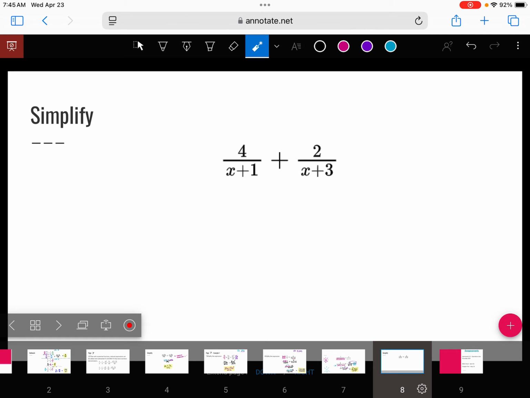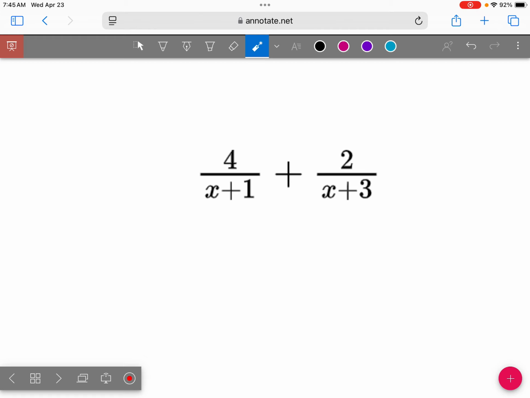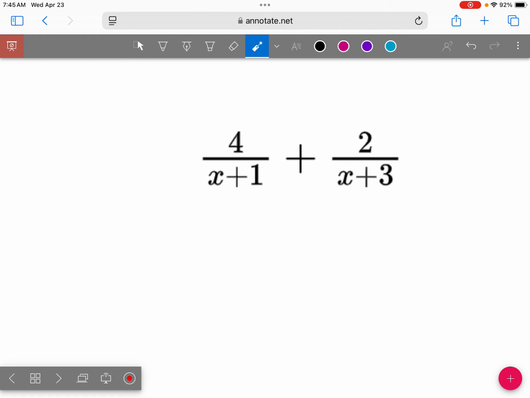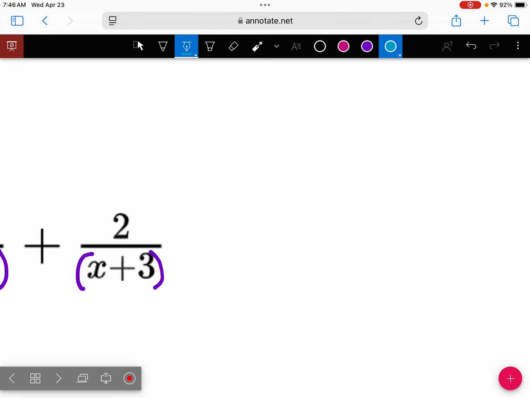And we'll see about that. So we have 4 over x plus 1 plus 2 over x plus 3. Think of both of these as already been factored. These are both factors. So what is our common denominator going to be?